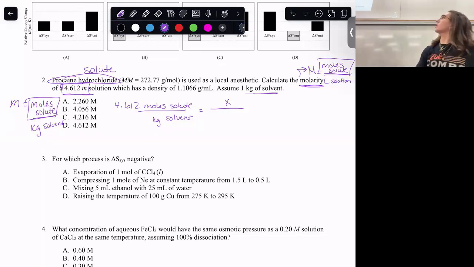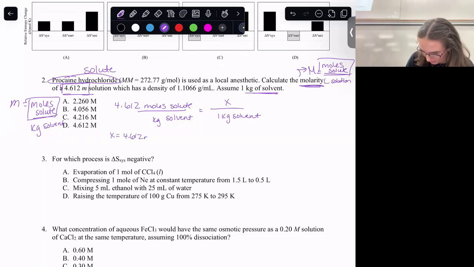We have 1 kilogram of solvent from our question. So you can say 1 kilogram solvent. So what does that mean for moles of solute? It's that 4.612. Yep, so X is equal to 4.612 moles of solute.